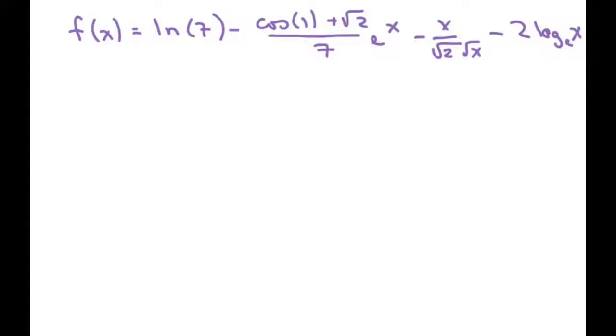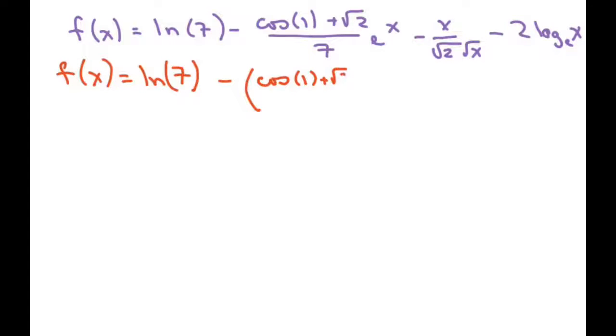Okay, so we're going to go ahead and start doing the derivative. I rewrote this. Remember, I'm going to go ahead and rewrite this again. So we have f of x is ln of x, ln of 7, which is just a constant, minus, and I'm going to put this parentheses, cosine of 1 plus square root of 2 over 7 times e to the x. So this just stays the same.